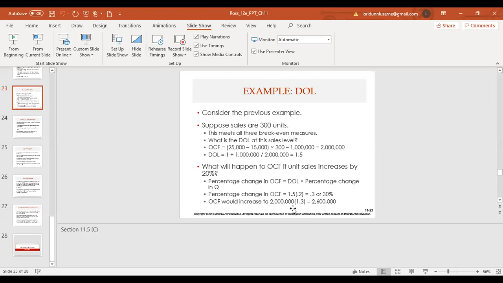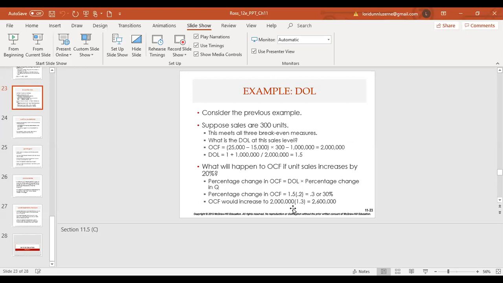So operating cash flow would go from 100,000 times 2.8 to 280,000. You would use the 2 because they would stay.